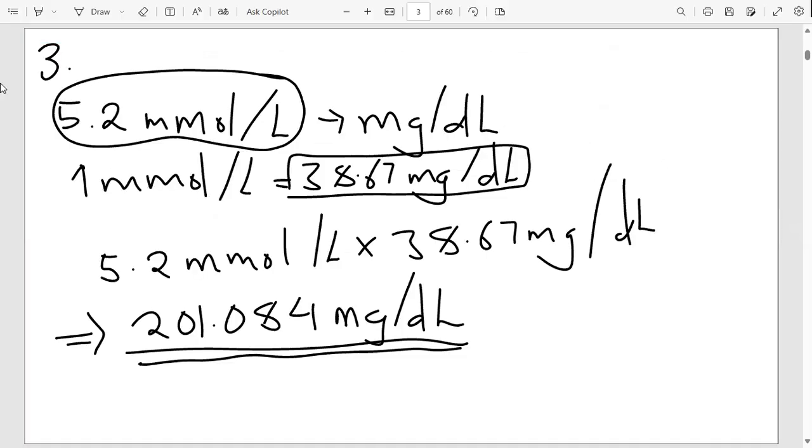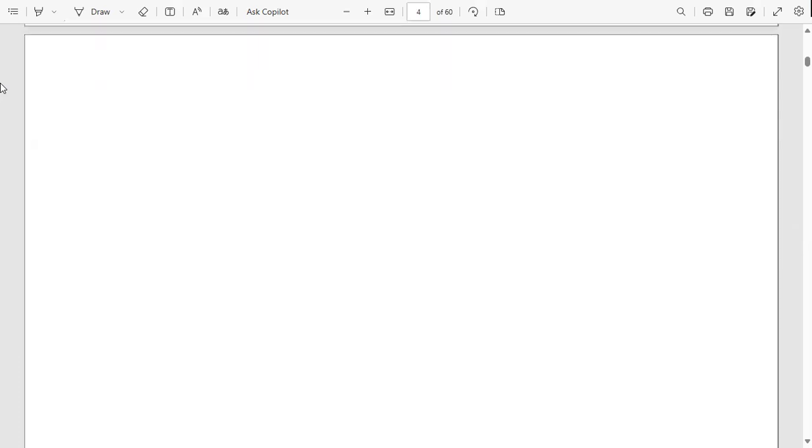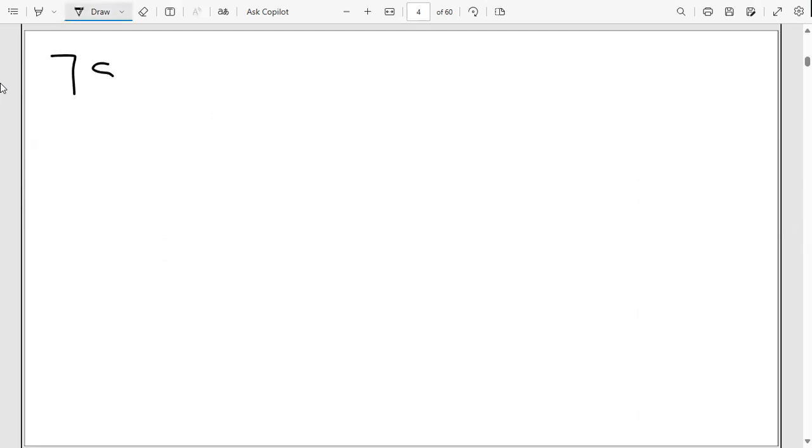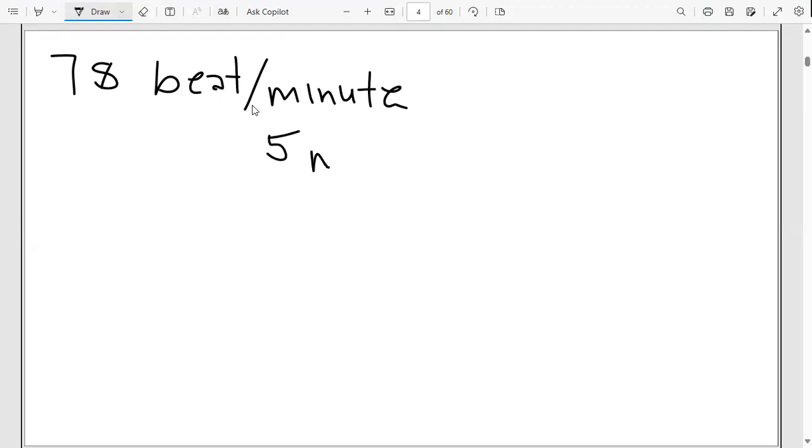They've told us that if the heart rate is 78 beats per minute, how many beats are we going to have in 5 minutes? The question is as simple as that.